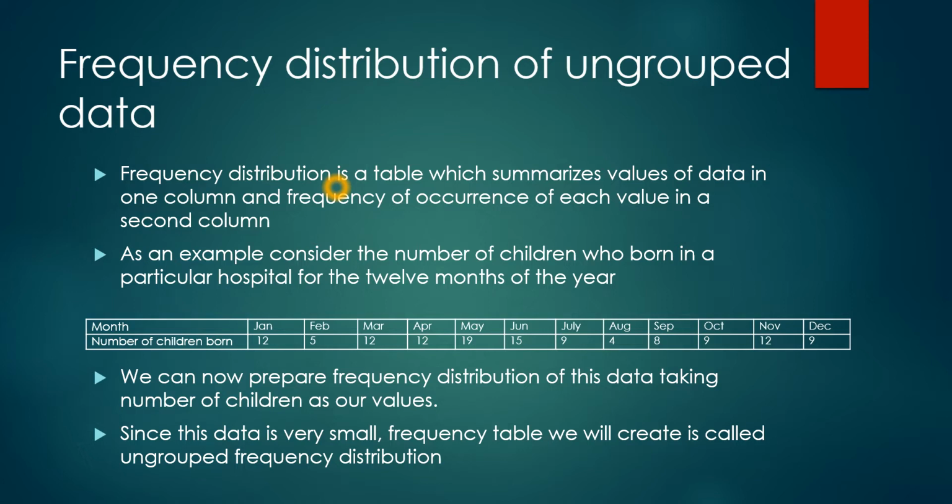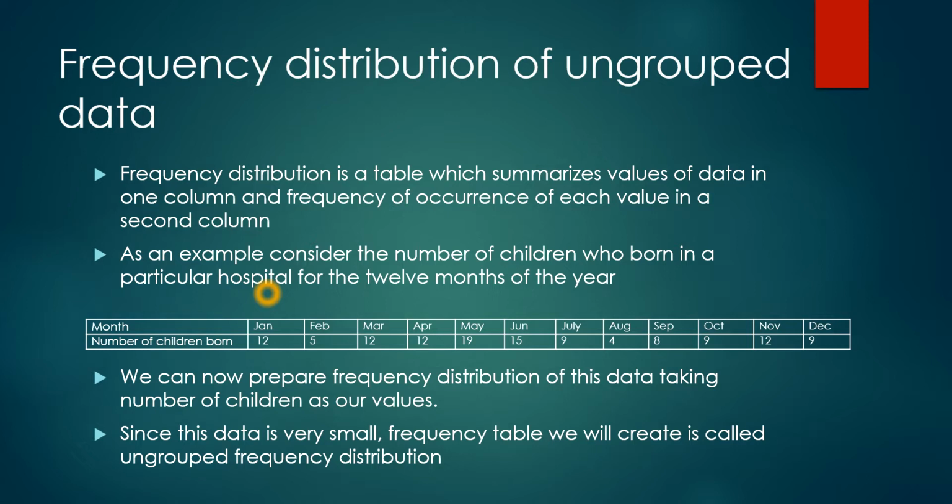If you look at the example in this table in the second bullet, you will see that we have collected this data from a certain hospital in the town, about the number of children that are born in each month of the year from January to December.